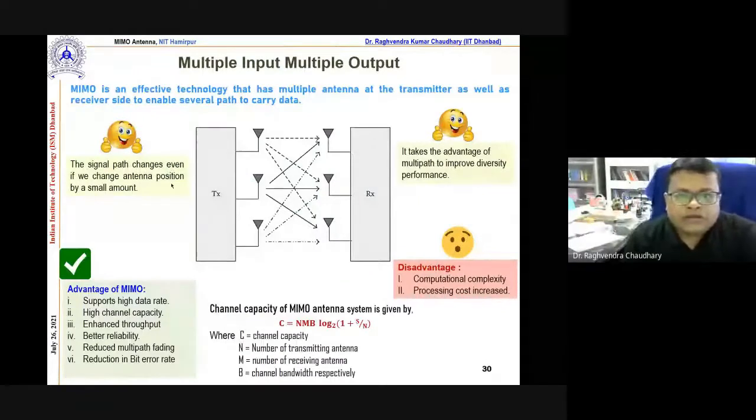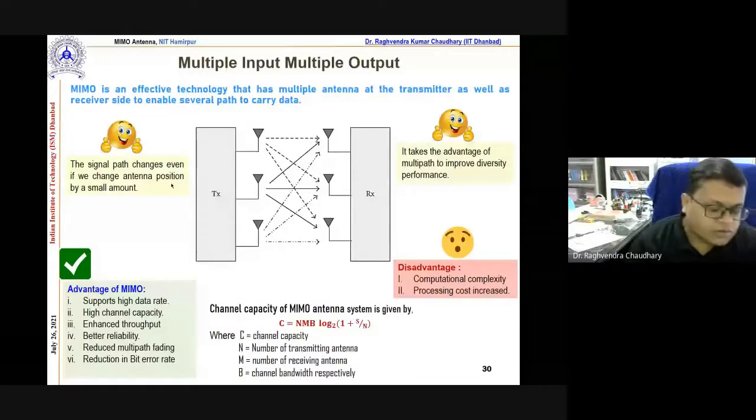Now let us try to understand MIMO, multiple input and multiple output. As we have seen, there are a number of plus points of MIMO, because it offers diversity, we can improve the link and system reliability. Here you can see the transmitter side and this is the receiver side.